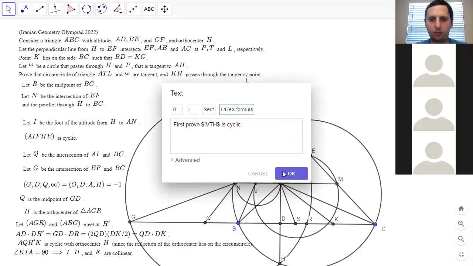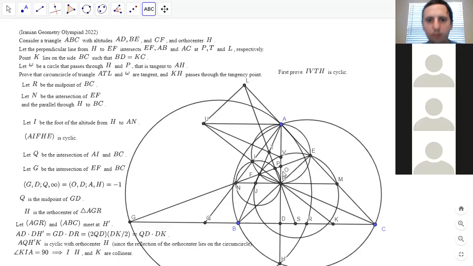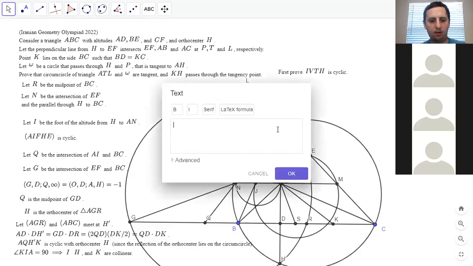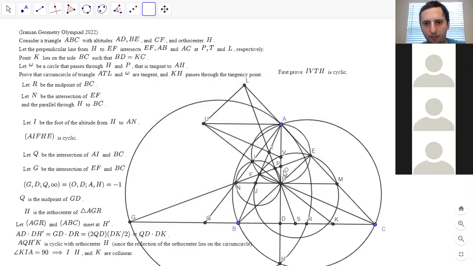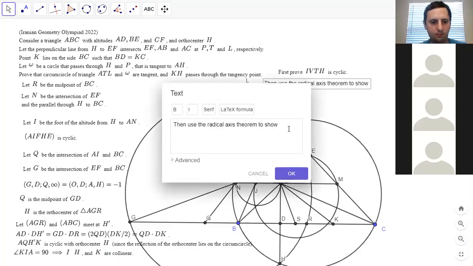And then once we know that, we can use the radical axis theorem to show the three lines concur: IH, TV, and the parallel through A to BC.